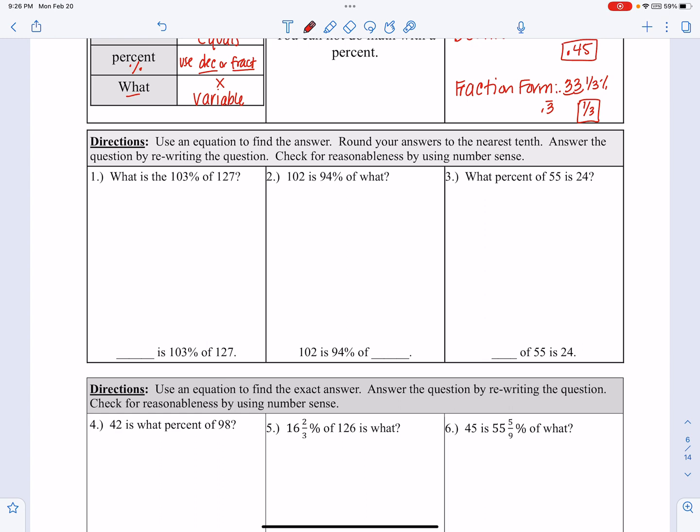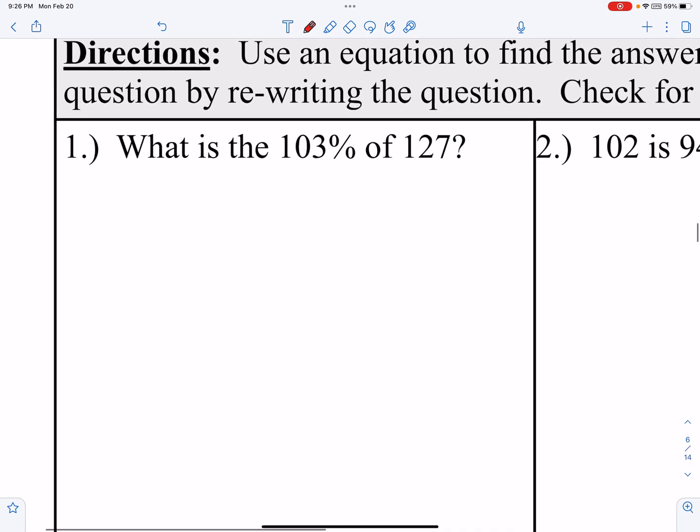I want you to get really fluent at this. Looking at our hint words here, we have "what is" (that's just a typo). So what is 103% of 127? We already talked about that "what" is going to be our variable, and "is" is going to mean equal sign.